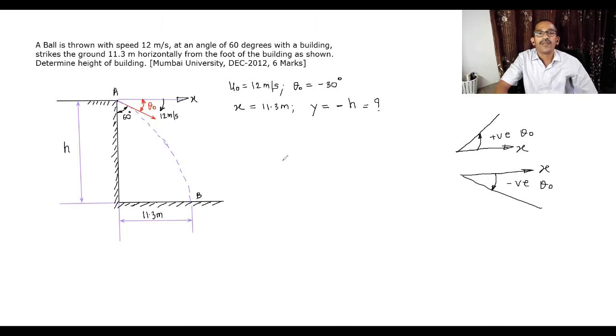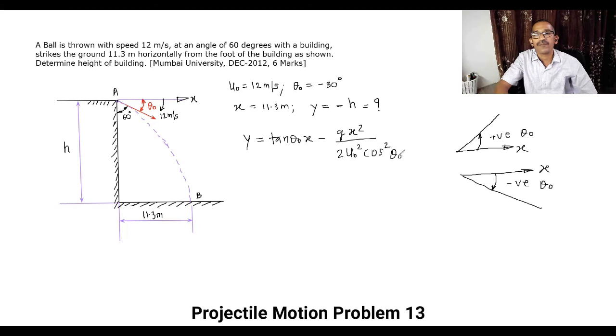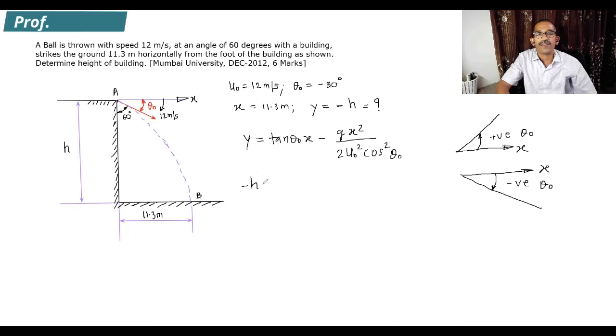Okay. Now to solve such a problem, the data given is in terms of x, y, u0 and theta 0. That means for such a problem, we will use the equation of path. The equation of path is y equal to tan theta 0 x minus g x square upon 2 u0 square cos square theta 0. Now y is unknown, that is nothing but we will put as minus h.